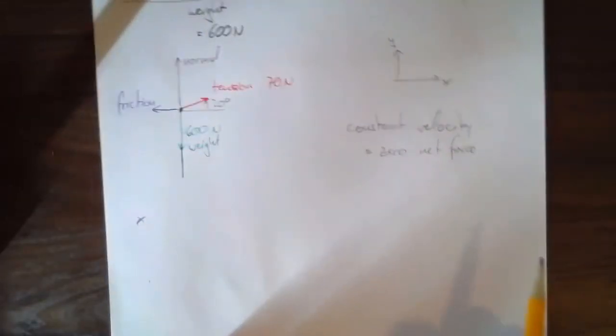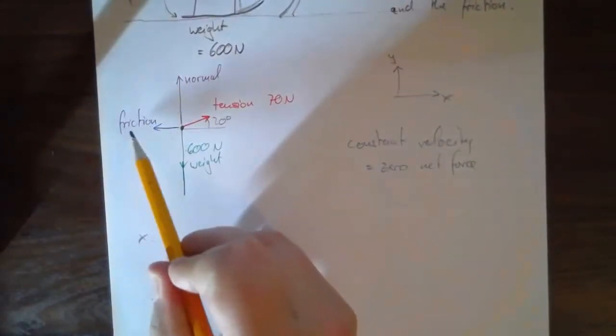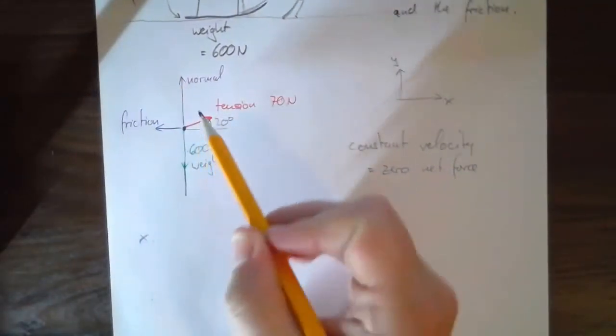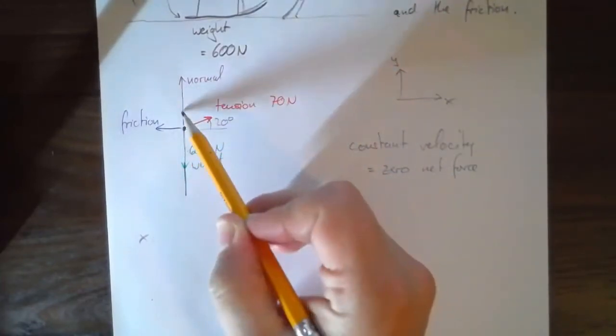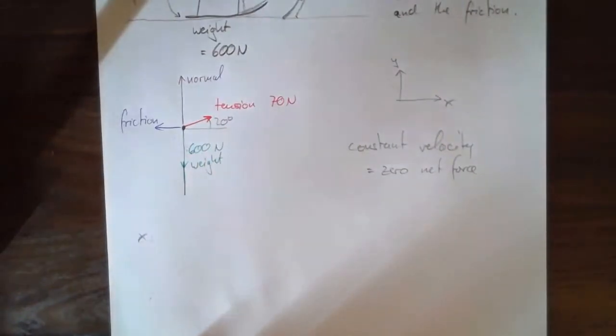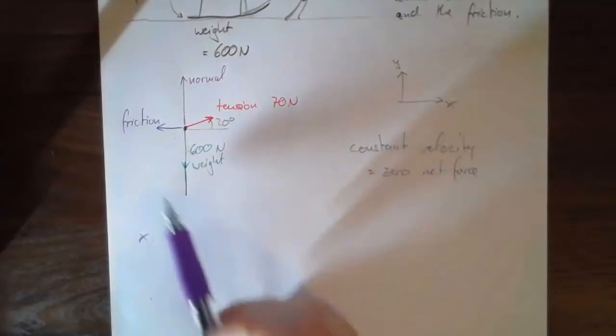So x direction, right? So in the x direction, there's friction backwards, there's tension forwards, and then, well, those two don't do anything sideways, horizontally, they don't contribute in the x direction. So that means because the forces cancel out, constant velocity, we can just say force to the left equals force to the right.